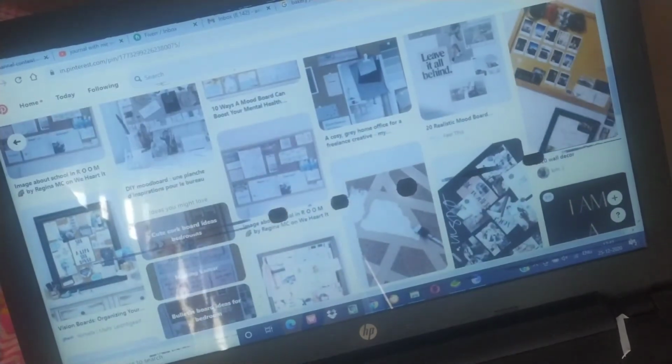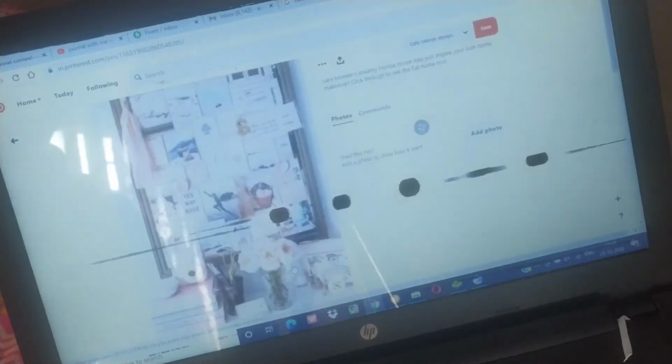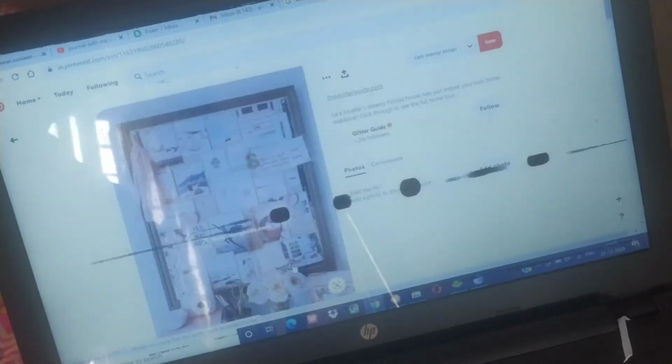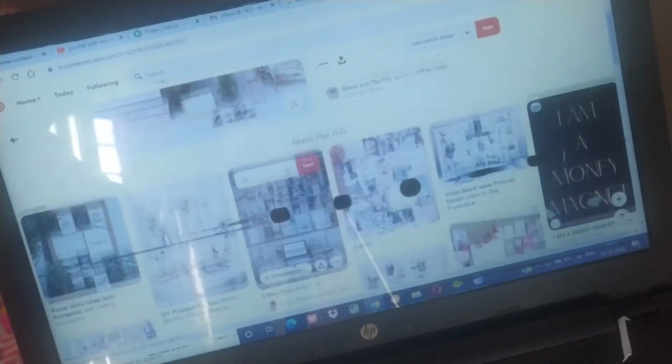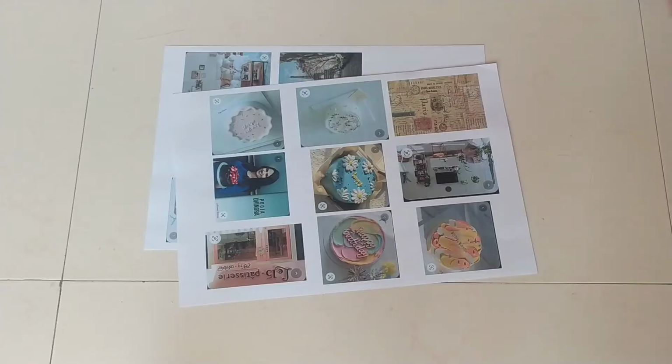So I will stick those related photos, and that will keep motivating me in the following days. It will help me to achieve my goals. So basically that is what a vision board gives you.